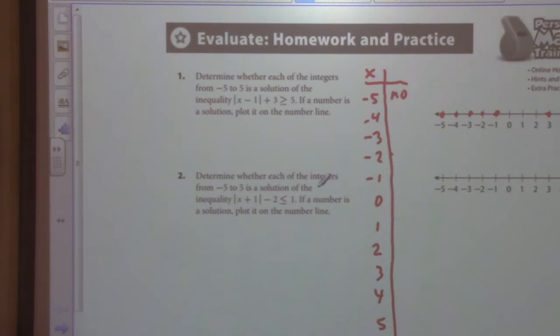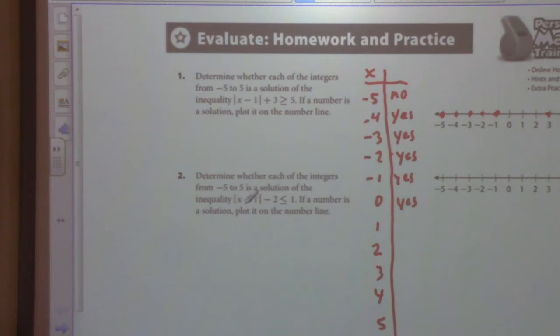Let's try -4. -4 plus 1 is -3, and the absolute value is 3. 3 minus 2 is not less than, but is equal to 1. And then we have yes up until 2.